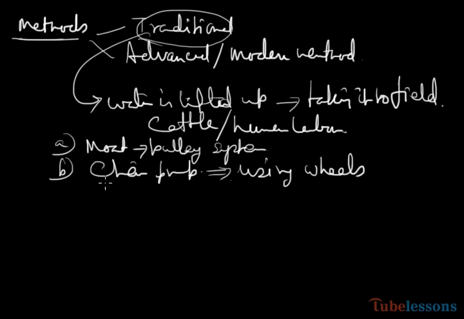So, through chain pumps, water is taken up from a source that is below the level of the crop field. Number 3 is dheki. Here water is taken up from shallow wells using the principle of a simple lever.